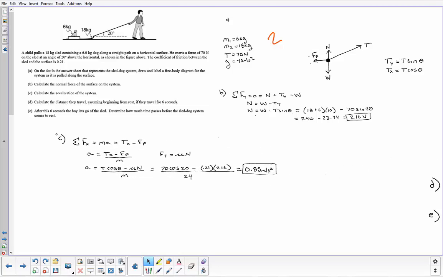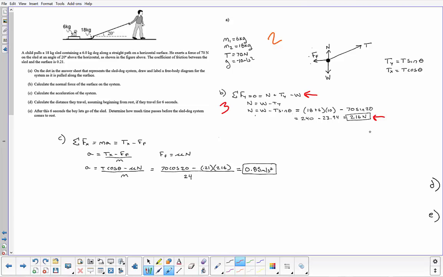Part B ended up being worth 3 points. I was looking for proper setup for your dynamics formula, proper substitution, isolation, and answer with proper units.